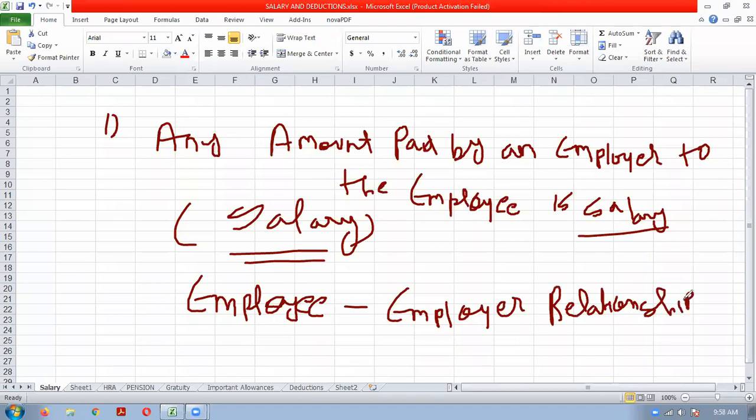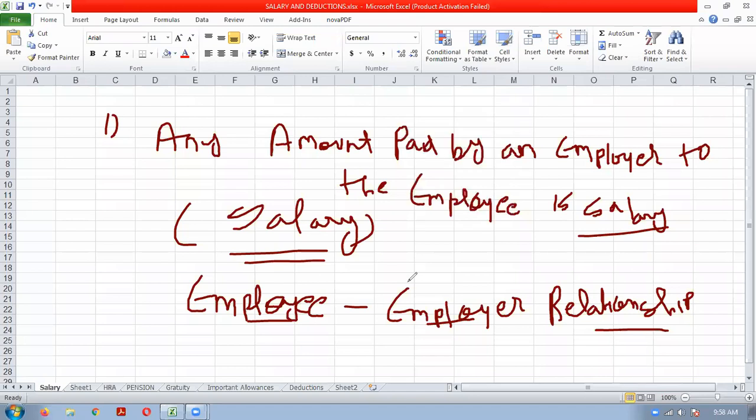Very important, if the employer-employee relationship is absent, then we cannot call an income salary income. So first, there should be a contract of employment between an employer and employee. Suppose an employer is giving a gift to the employee, subject to monetary limits, then it will come under salary.